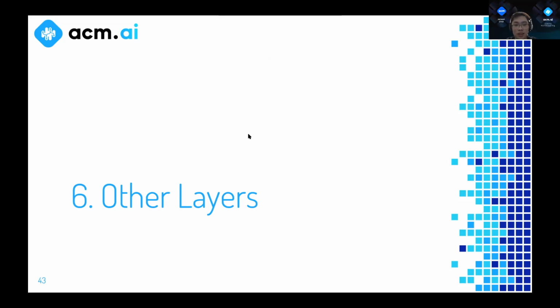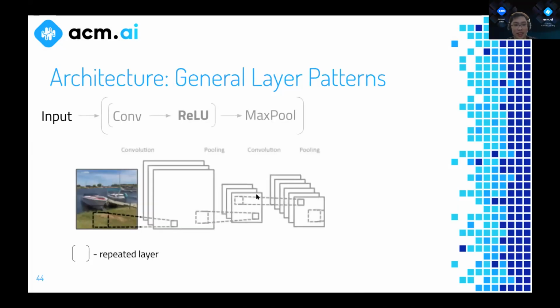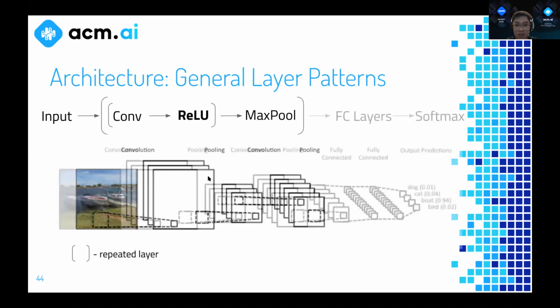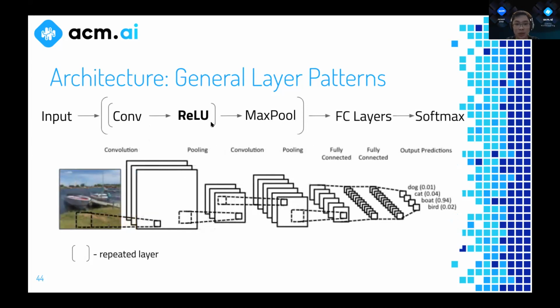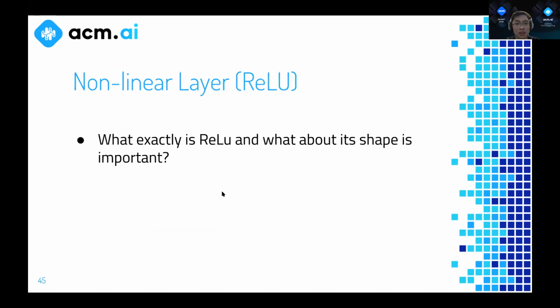Okay, so let's talk about other layers other than the convolutional layer. Again, here's an overview of the architecture of our model. We just passed through the convolutional layer, and now we're going into the next layer, which is Relu.